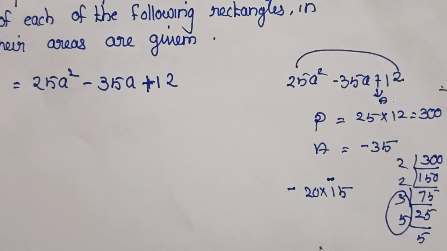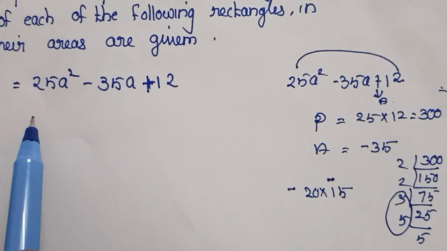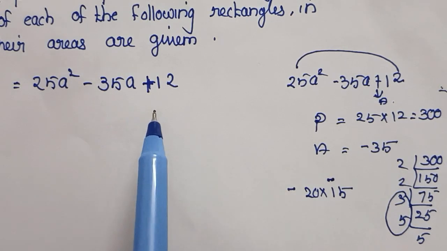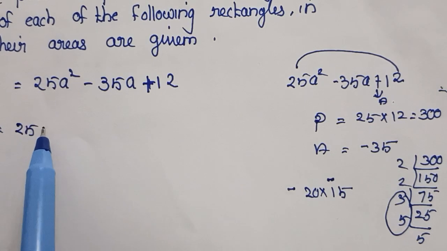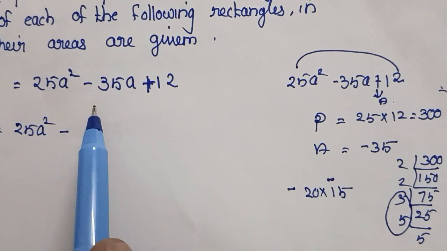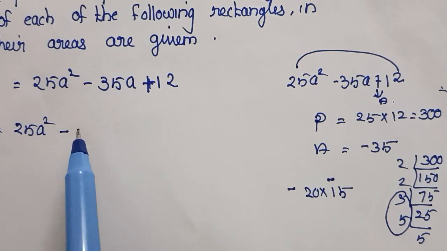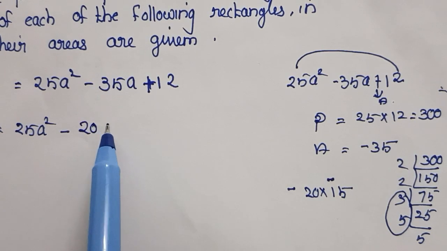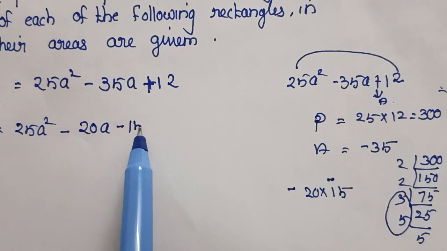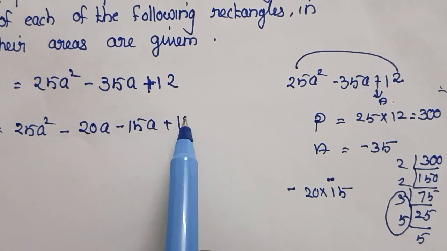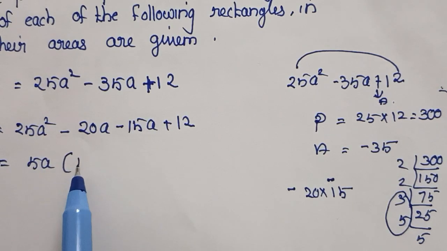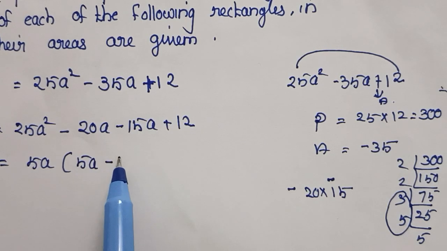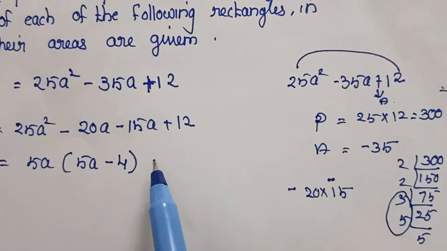Factorizing 25a square minus 35a plus 12, which is same as 25a square, splitting the middle term, minus 20a minus 15a plus 12. Taking common factor 5a outside from first and second, we get 5a into 5a minus 4.